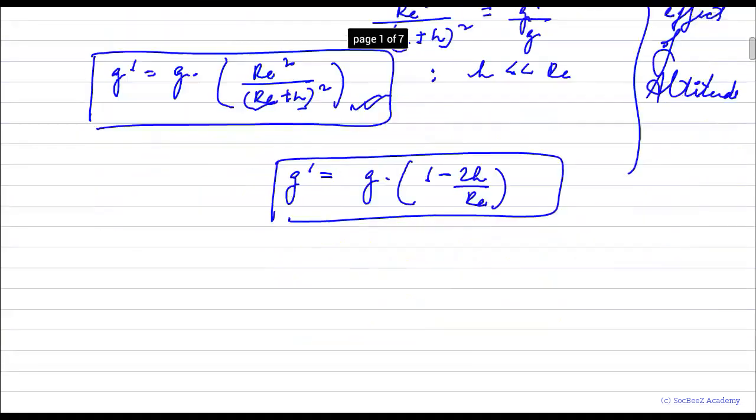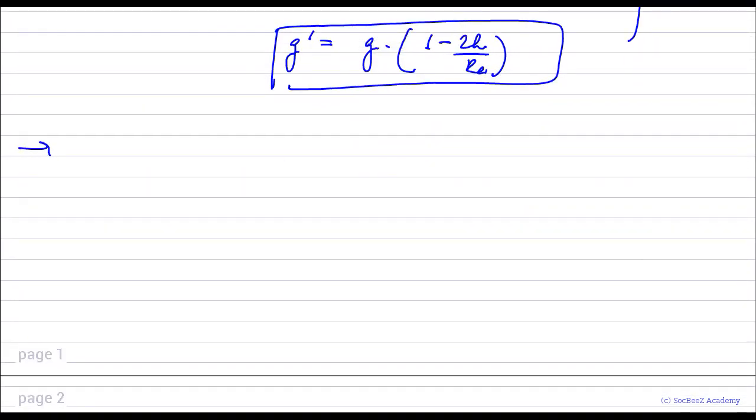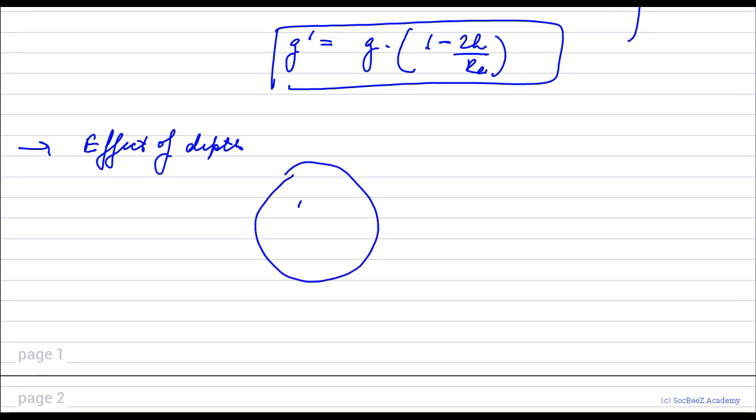Fine. Now let us talk about the effect of depth. So if I have my body, this is my Earth, of mass Me and radius Re, and my body is at a depth of h from the surface of the Earth.